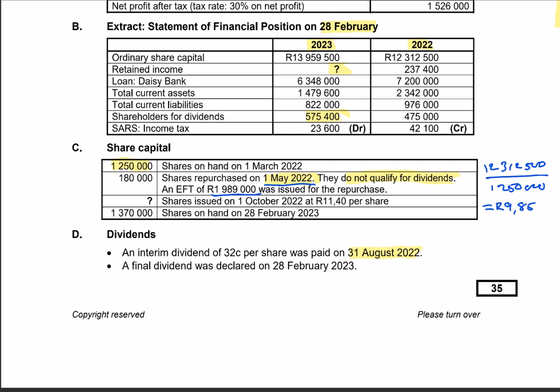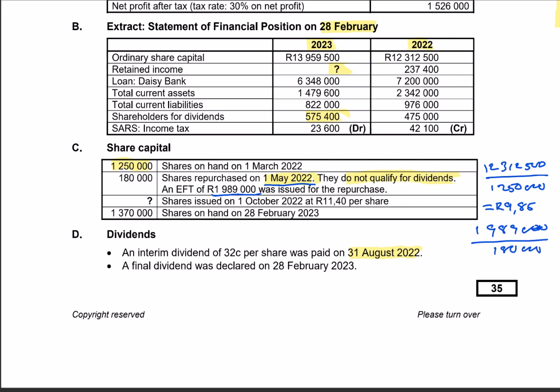So to calculate that as well, what we do is 1,989,000 divided by 180,000, right?